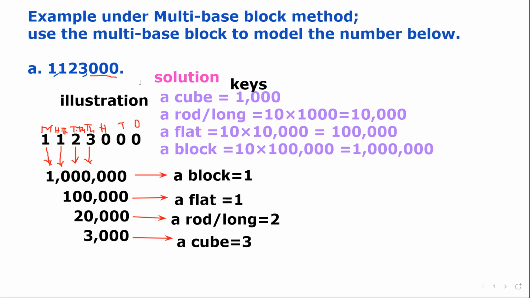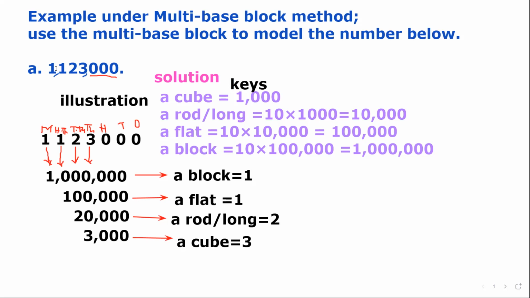these are the keys. The multi-base block consists of 4 keys, which are key, rod, flat, and block. The quantity of keys depends on the last digits of the given number or the number quantity.